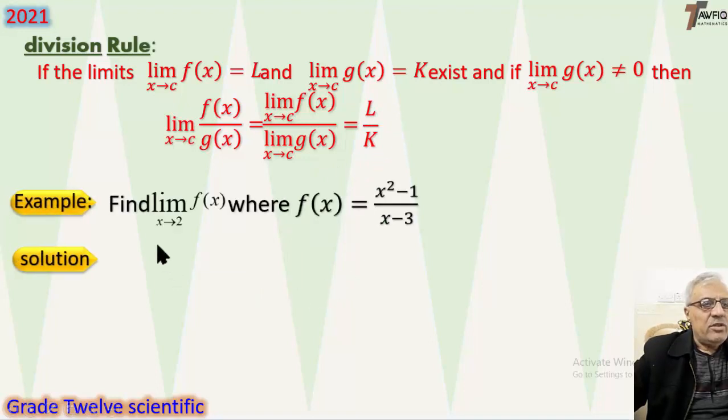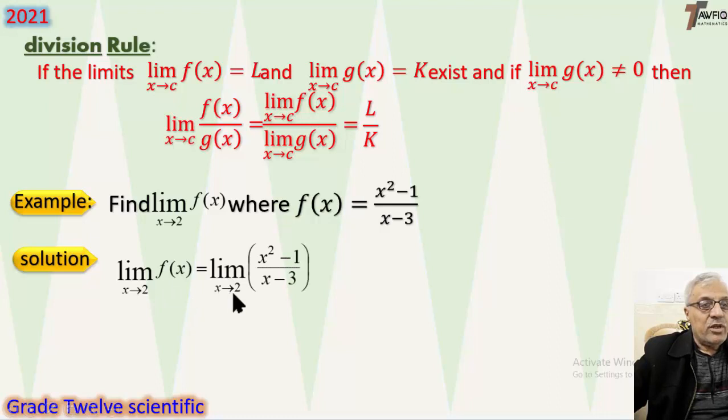Example: find the limit as x approaches 2 of f(x), where f(x) is equal to x squared minus 1 over x minus 3. The limit is equal to the limit of the numerator over the limit of the denominator: the limit as x approaches 2 of x squared minus 1 over the limit as x approaches 2 of x minus 3.